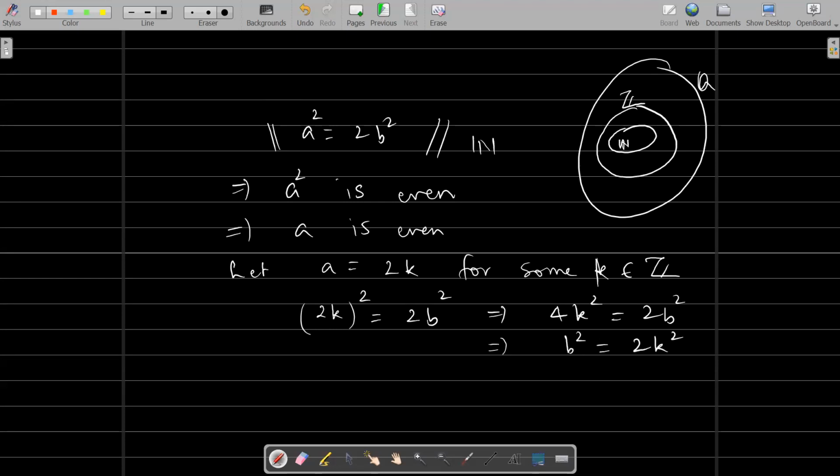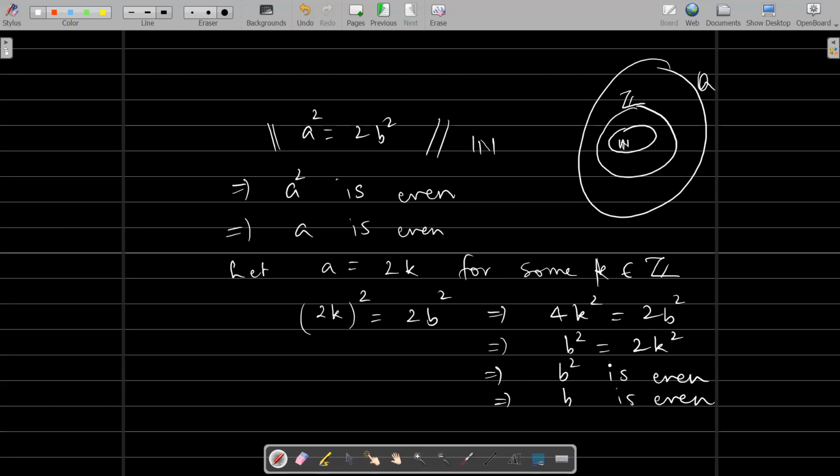Then that means b square is even, and hence b is also even. Whatever we said for a square, the same I can now say for b square. So this implies b square is even. Why? Because it is 2 times something. b square is even implies the number b is even.